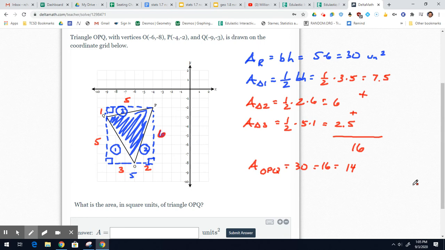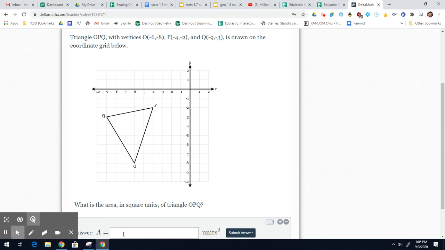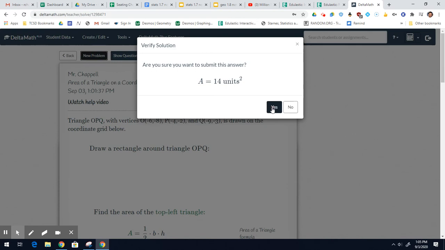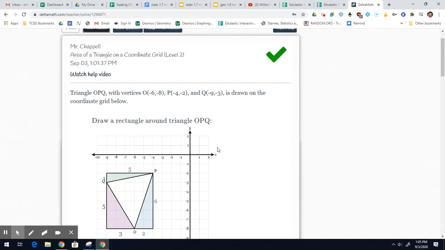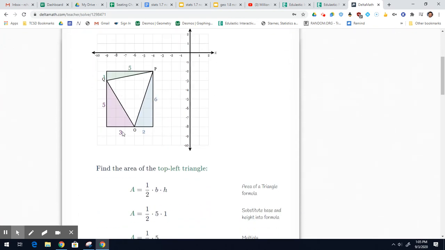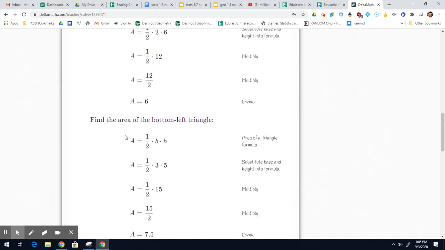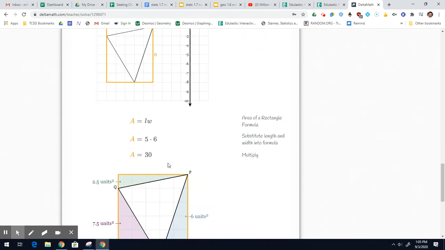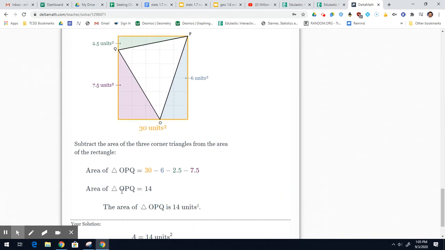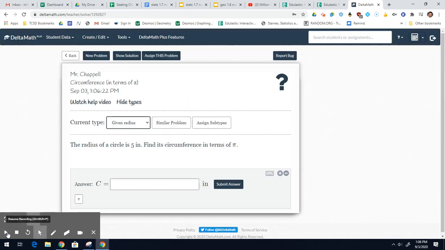I think it's really inventive. Okay, so hopefully you get what we just did. All right, so 14 is my answer. Let me plug it in and cross my fingers, right? Oh yeah, and we're right. Love it. So see how they created the triangles, and they did the three triangles and then subtracted it from the rectangle. Perfect. Awesome. All right, next problem's coming.